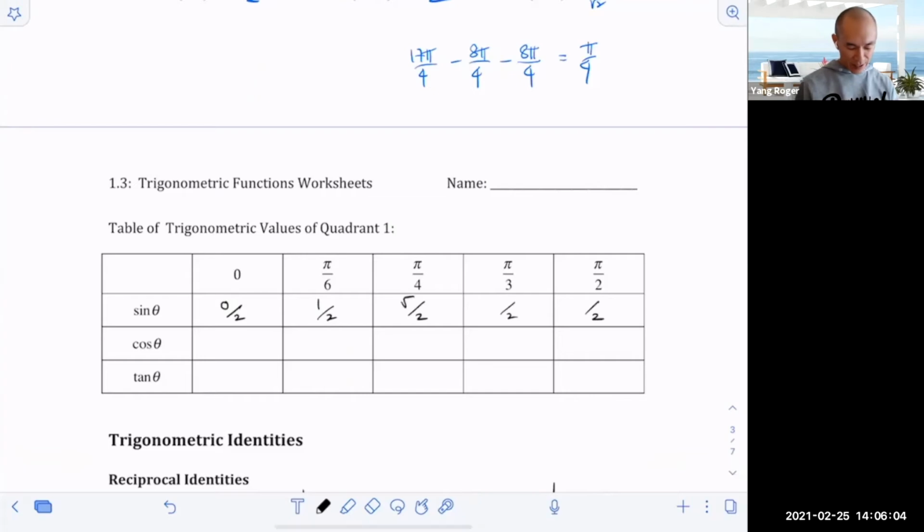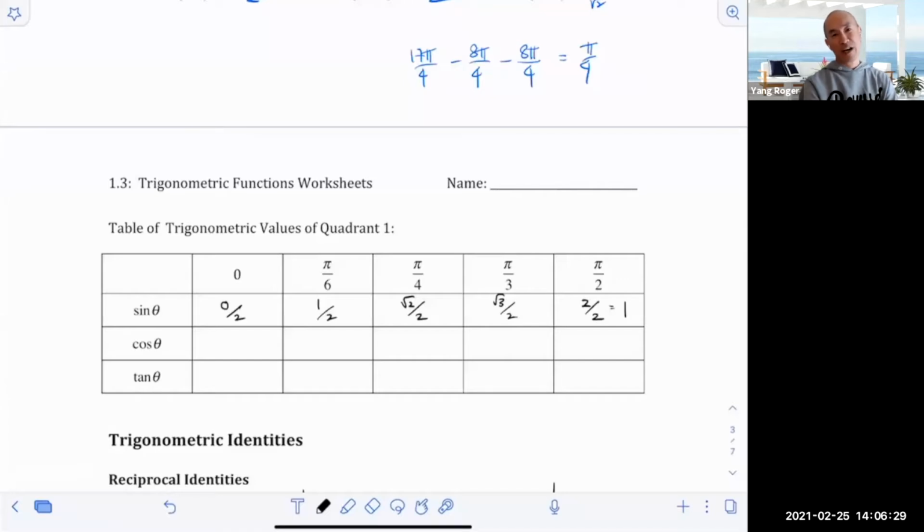So I put a rad 2 here. Then the next biggest one is rad 3. And I put a rad 3 here. And the next biggest number I have is 2. And I put a 2 here. So all of my fractions involve these numbers. So I just write them in ascending order from low to high. And if you check, these are exactly the trig values for sine. So that's kind of cool.